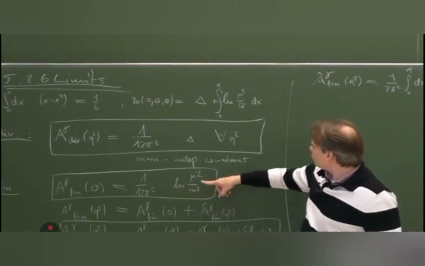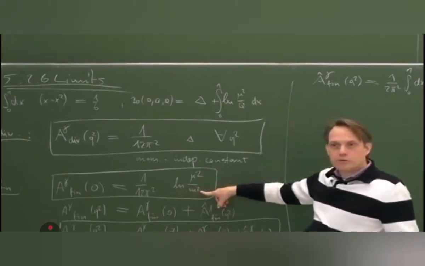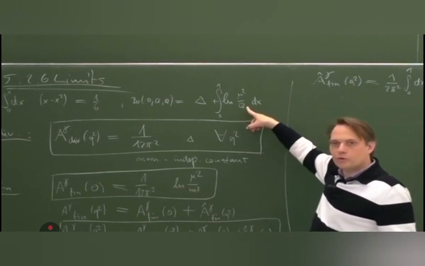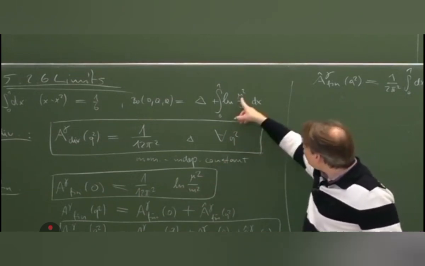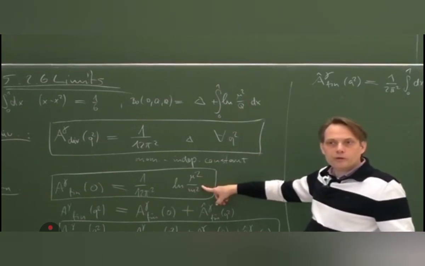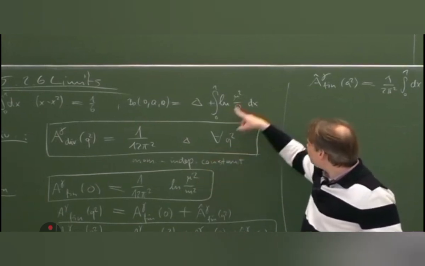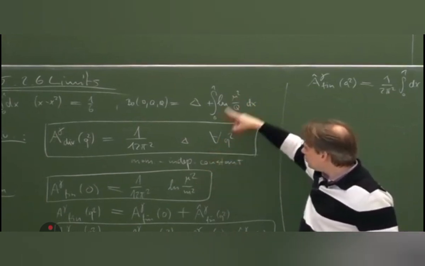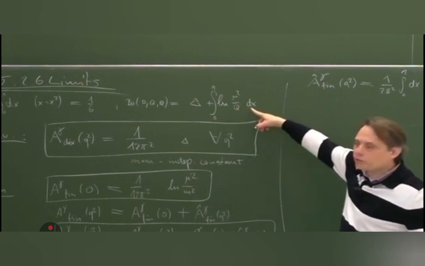So subtracting off that logarithm from this logarithm means nothing else but replacing the mu square by m square. So the difference between the two logs, the ln mu square cancels, and you get an ln m square in the numerator.